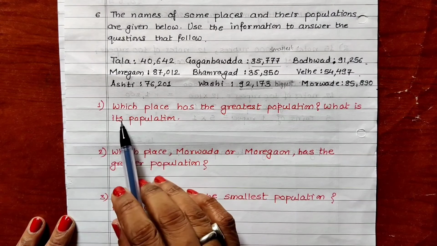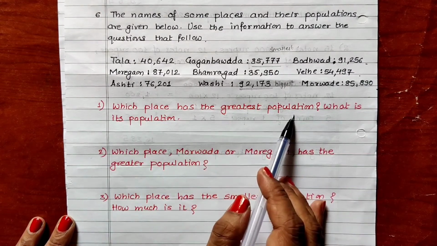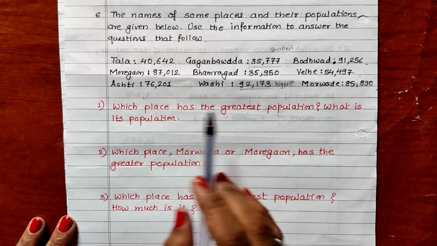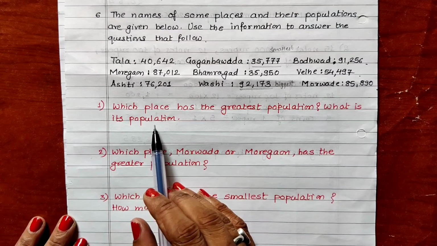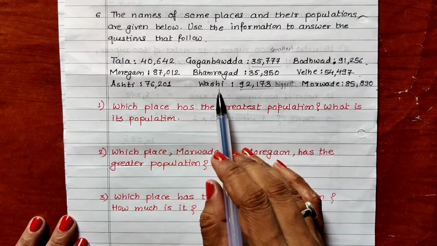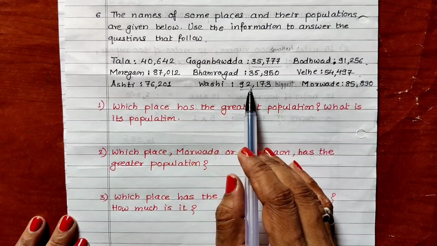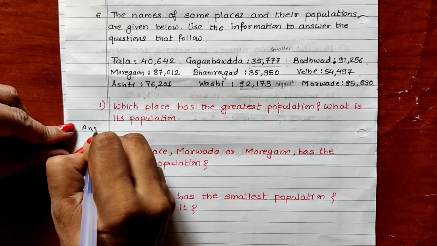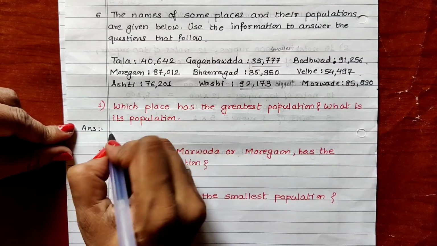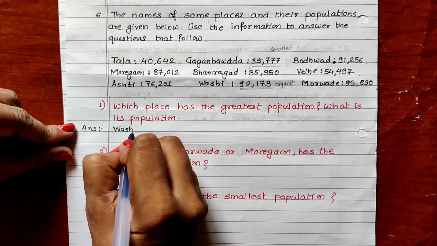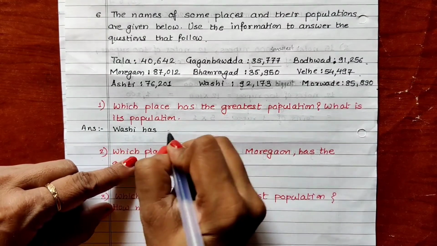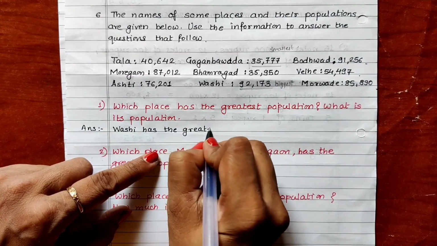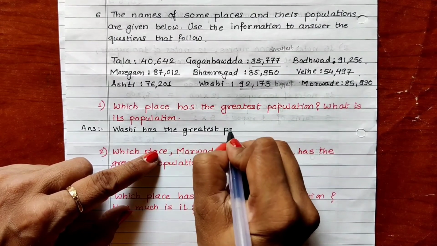So the first question is, which place has the greatest population? What is its population? That means first we write the name of the place and then the population. Which place has the greatest? It is Vashi. Vashi has the greatest population.